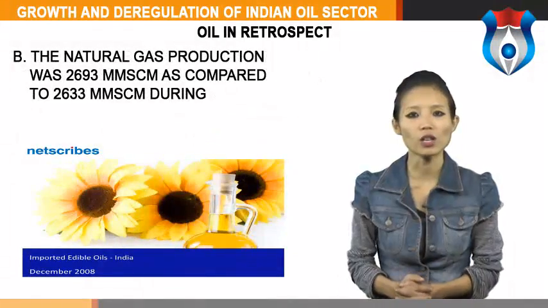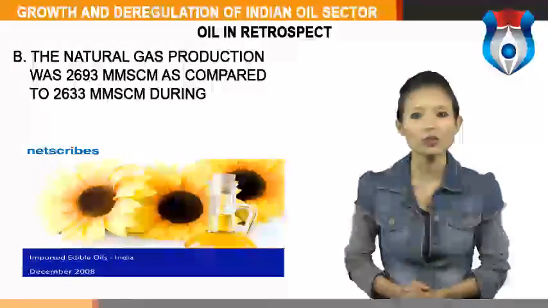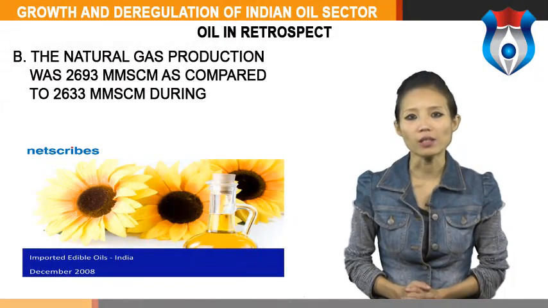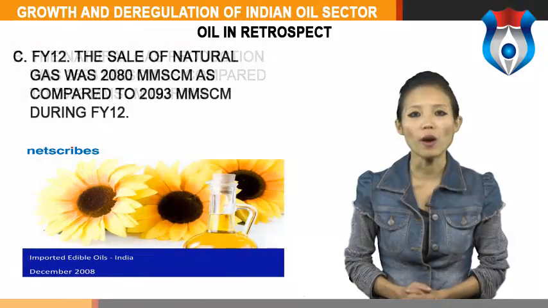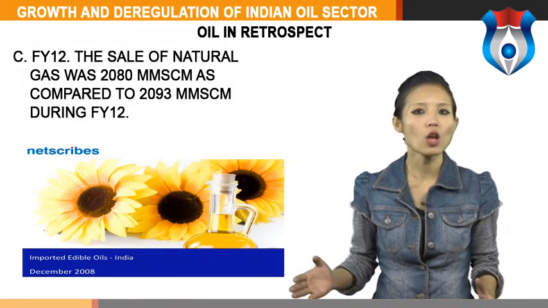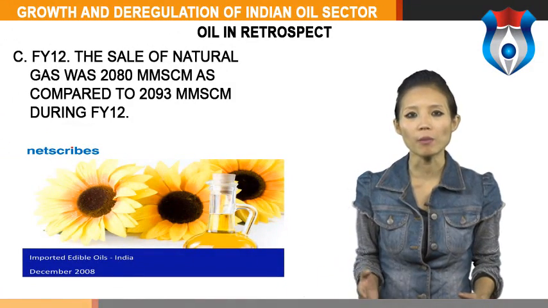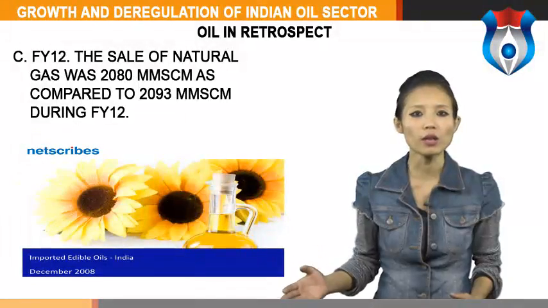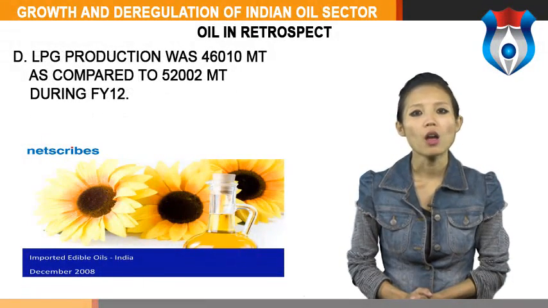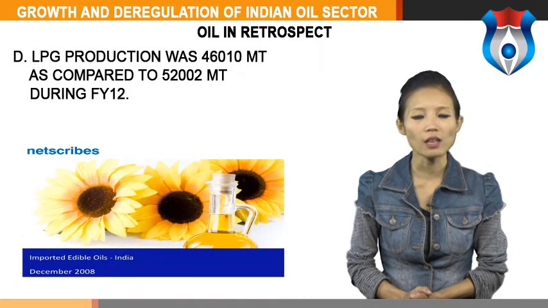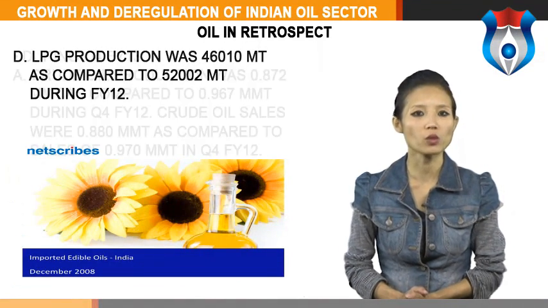The natural gas production was 2,693 MMSCM as compared to 2,633 MMSCM during FY12. The sale of natural gas was 2,080 MMSCM as compared to 2,093 MMSCM during FY12. LPG production was 46,010 MT as compared to 52,002 MT during FY12.